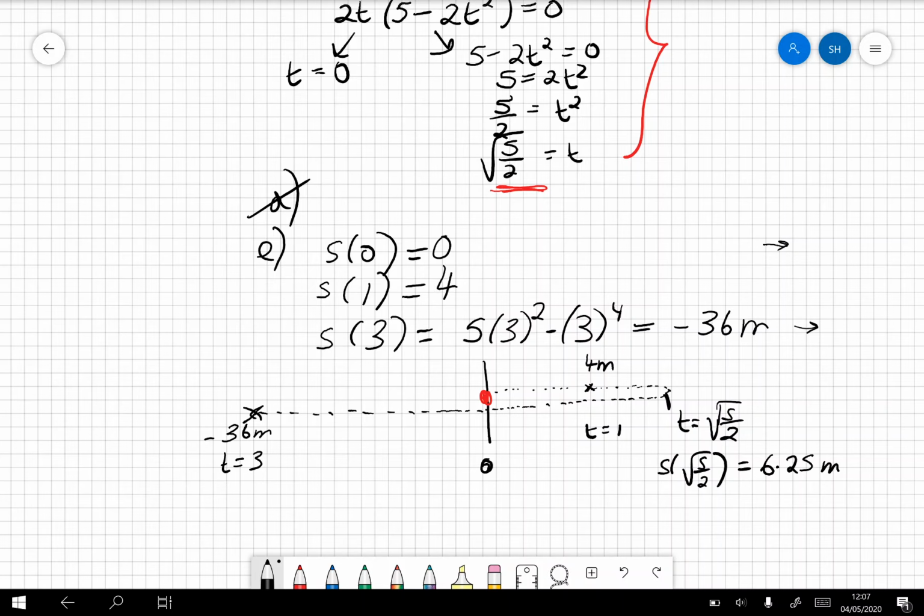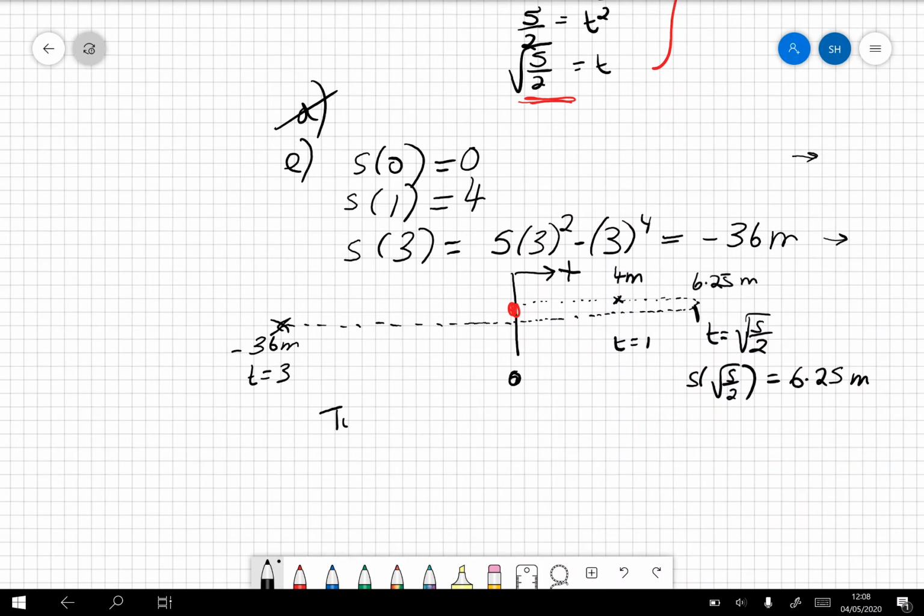And so the total distance would be the 6.25 meters forwards, and then another 6.25 meters to get back to the origin.